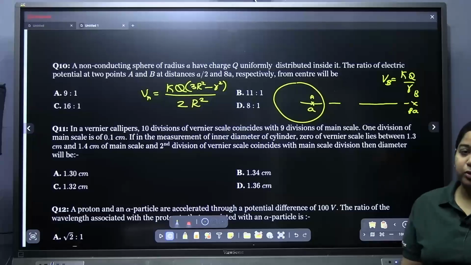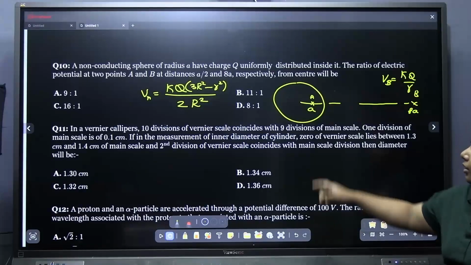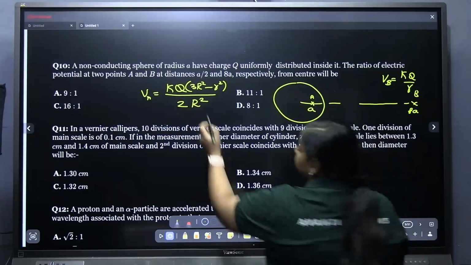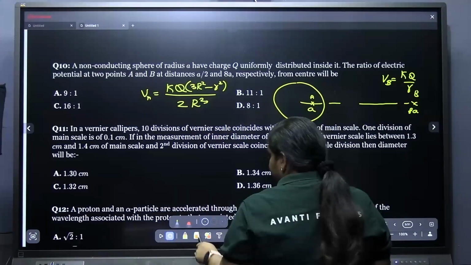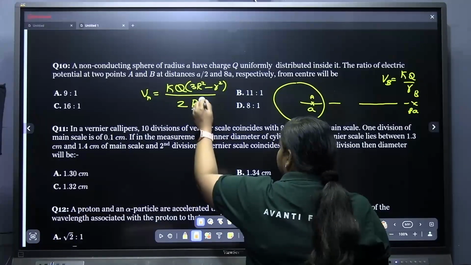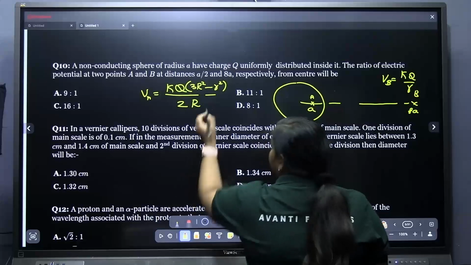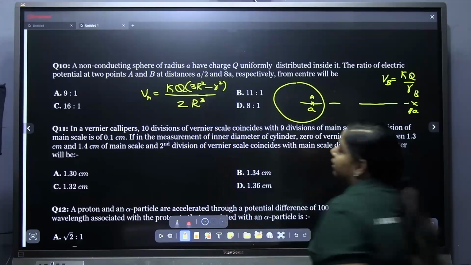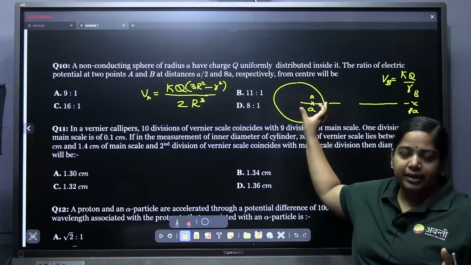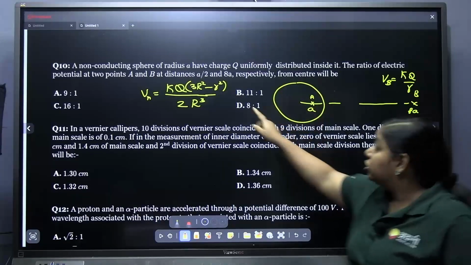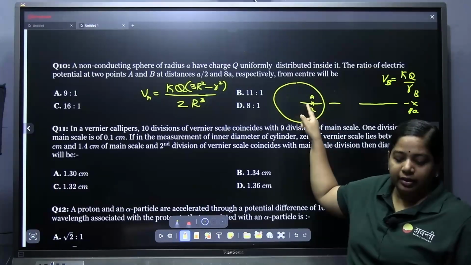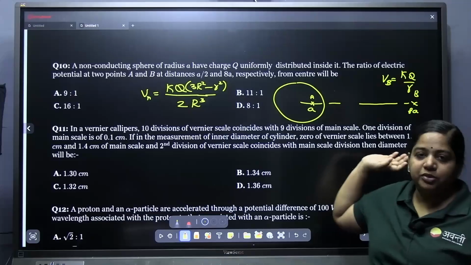So this is the formula for that. Here capital R is the actual complete radius of the sphere, and small r is for this distance. So according to that we have to substitute.